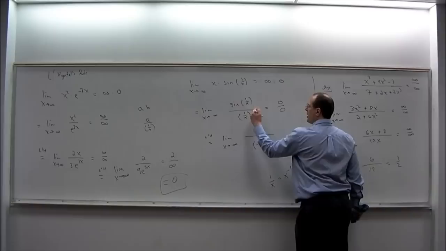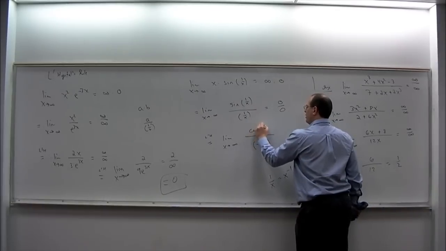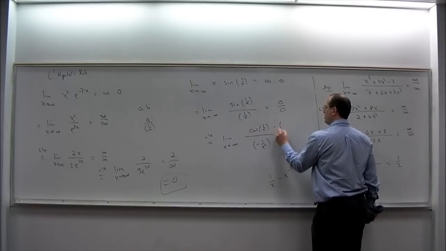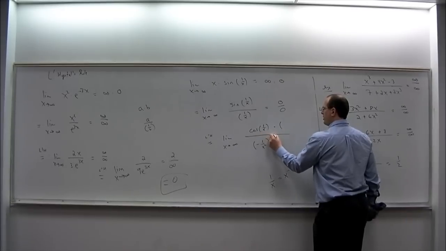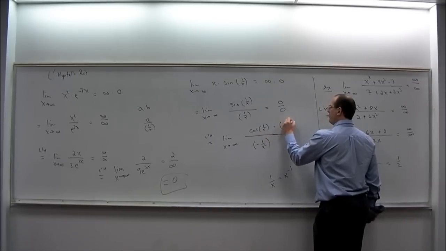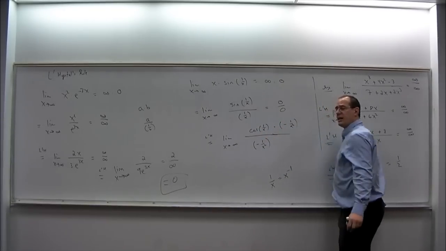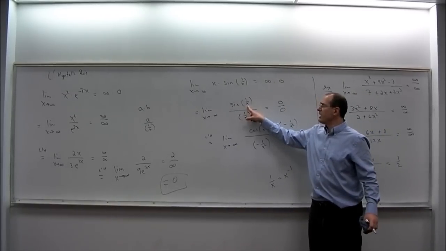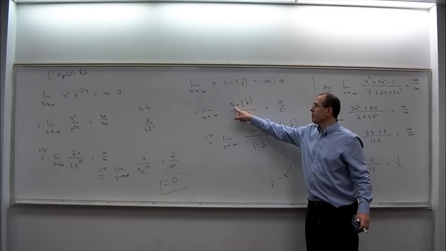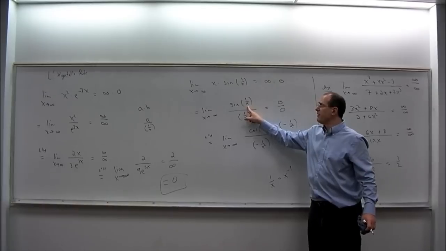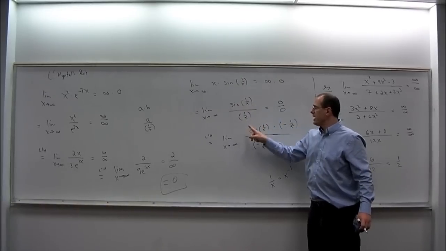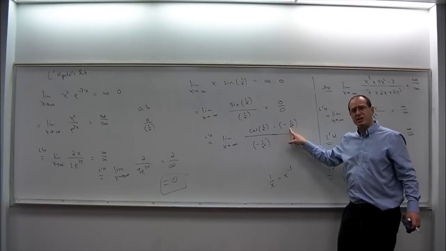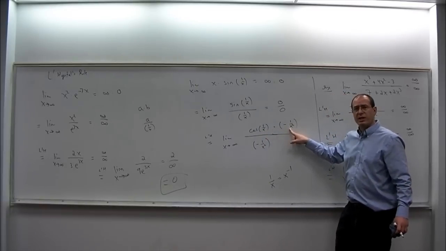And the derivative of the sine of 1 over x, by the chain rule, is the cosine of 1 over x times, that's the derivative of the outside, times the derivative of the inside, which is negative 1 over x squared. So again, the derivative of the sine of 1 over x requires the chain rule. It's the derivative of the outside times the derivative of the inside. The derivative of the outside is the cosine of 1 over x, and then times the derivative of the inside is minus 1 over x squared.